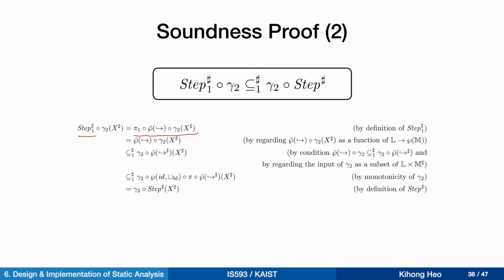And then next, this part is originally a subset of P_L times M. If we regard this one as a function of this one, using the notation we have discussed before, then the partitioning function is actually redundant, because as I mentioned earlier, if we use the conventional flow-sensitive partitioning abstraction, the partitioning function pi 1 actually does not play an important role here.